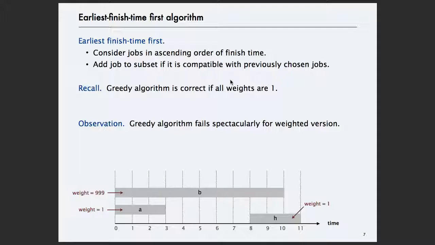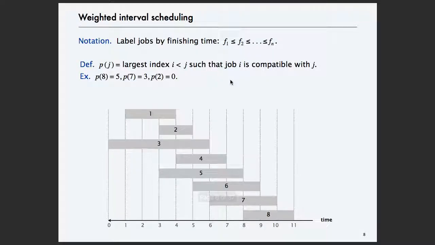The greedy algorithm works if the weights are 1. It doesn't work if the weights aren't 1, right? This is an example, and we talked about this last time, right? Maybe? Nobody's complaining, so I'm assuming that is true.